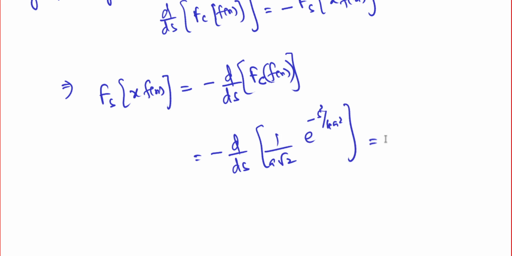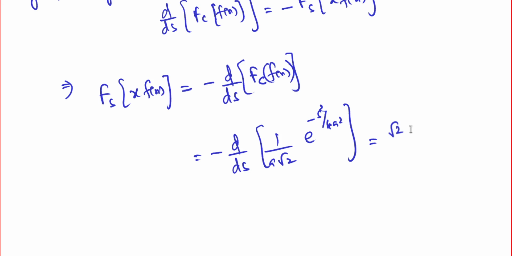And of course, complete the differentiation, you should get s into e to the power minus s square by 2. Okay. Yeah. So that's all for this problem. I think I made a mistake. So this is not what I meant.